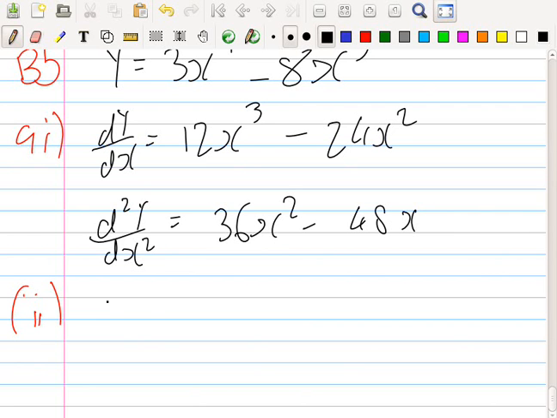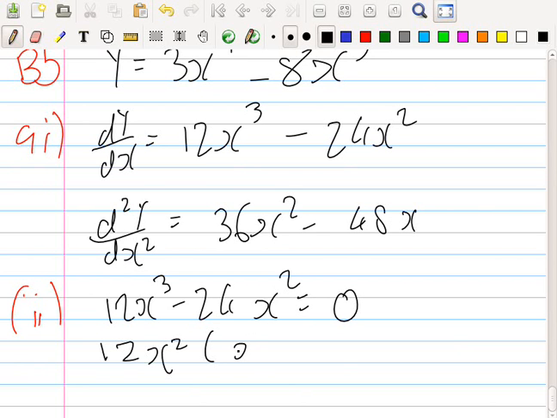So I just need to solve this. 12x squared times x minus 2 equals 0. So I get x equals 0 or x equals 2.